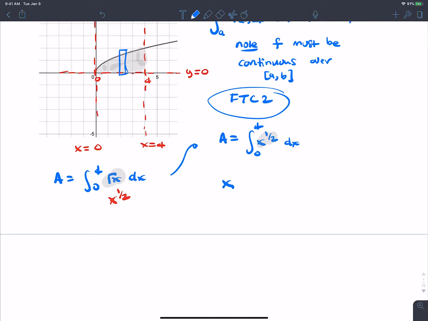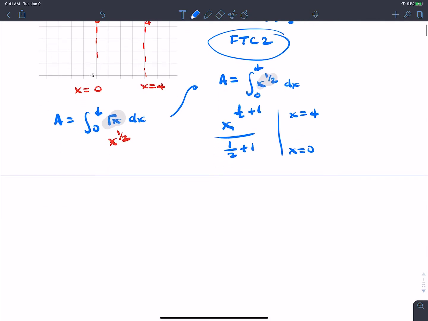we get x to the 1/2 plus 1 over 1/2 plus 1. I'm going to draw this line and say x is 0 here and x is 4. Okay, this is our notation that we're going to use here now for these definite integrals. And so what is 1/2 plus 1? Do you guys remember? From all that homework, you should know what this is.